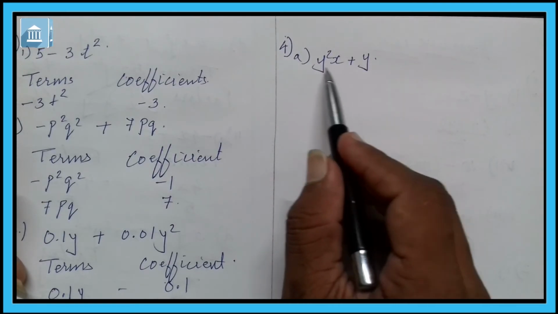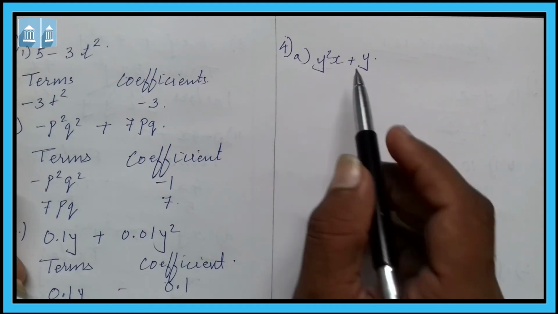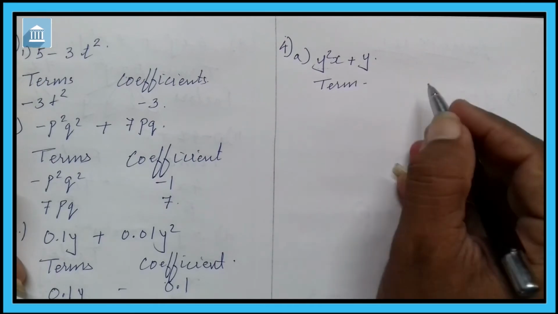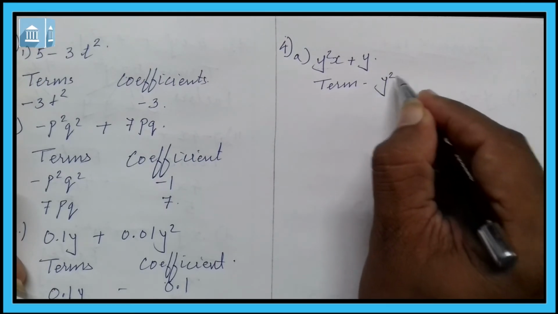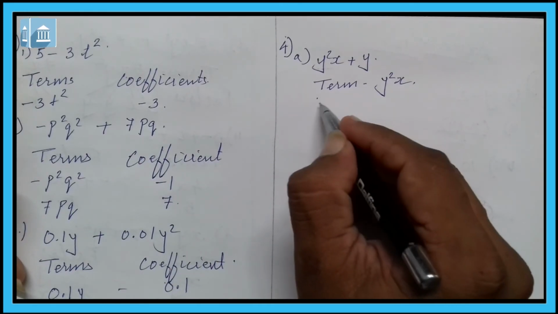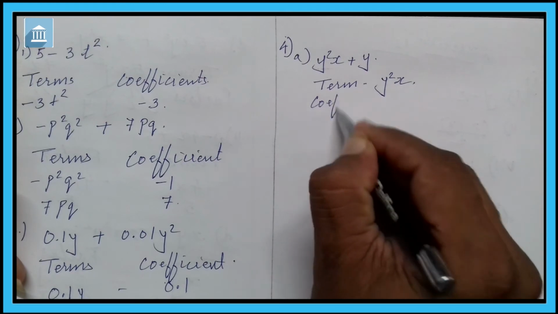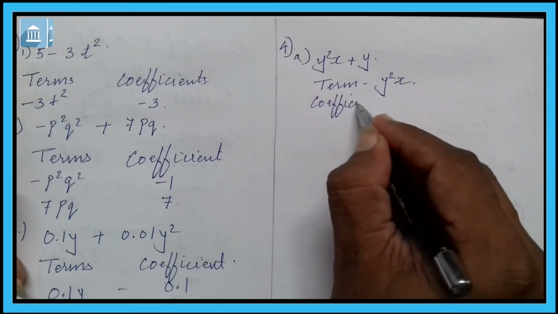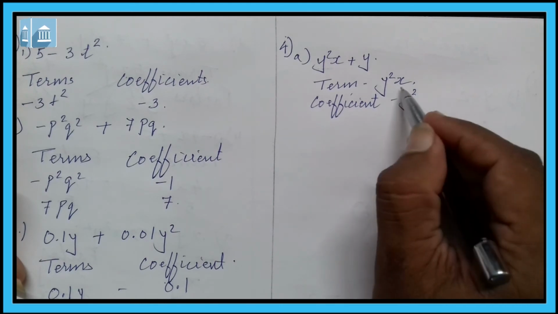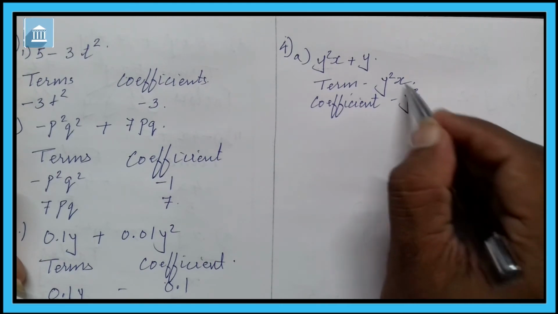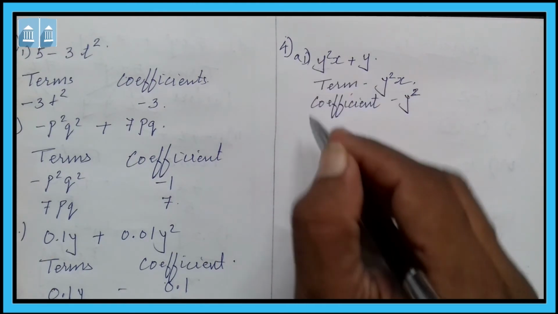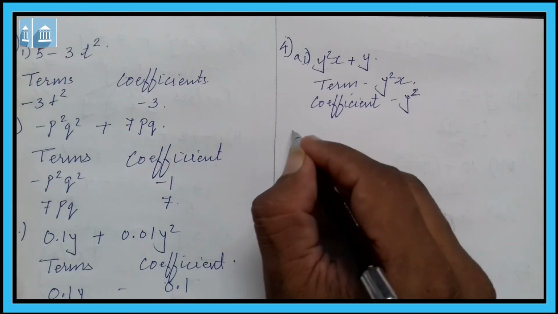So here the term which contains x is y square x, and the coefficient of this term y square x is y square. The coefficient of x is y square. In the same way, this is the first one. Let us do question number 5.